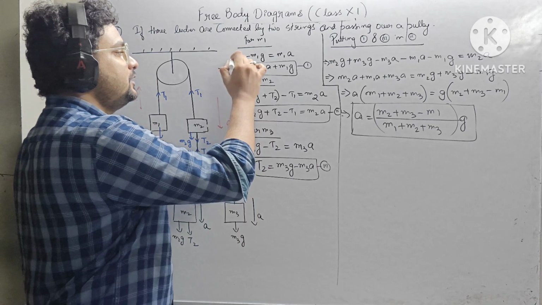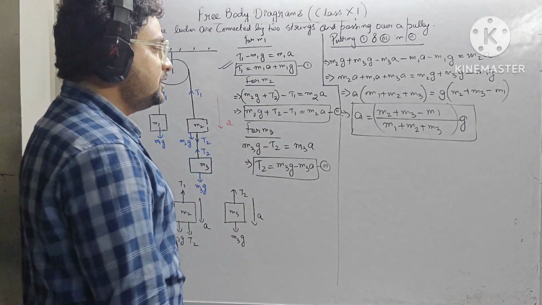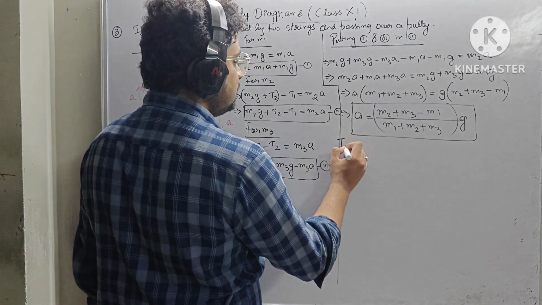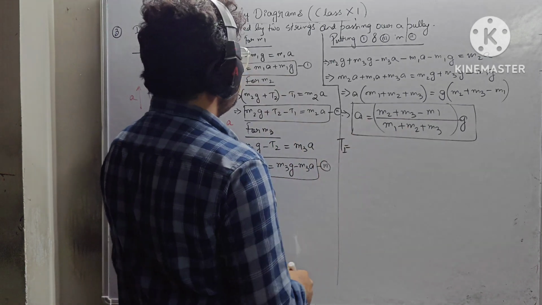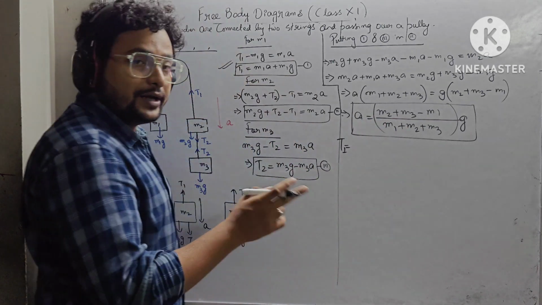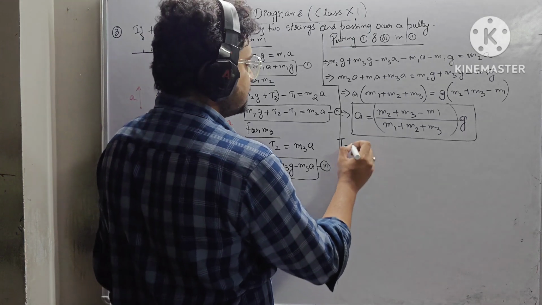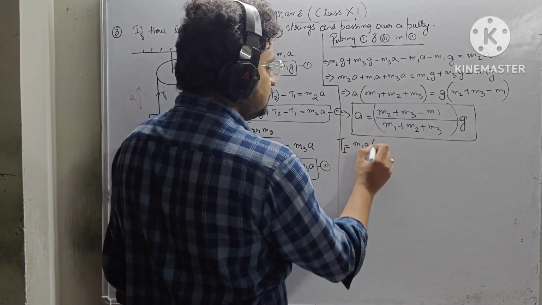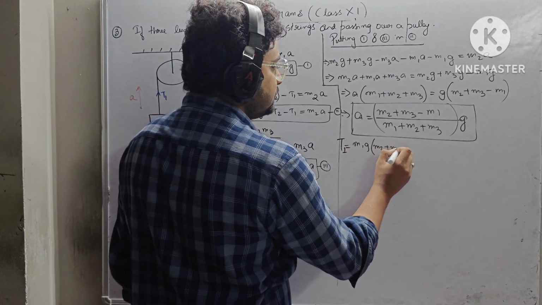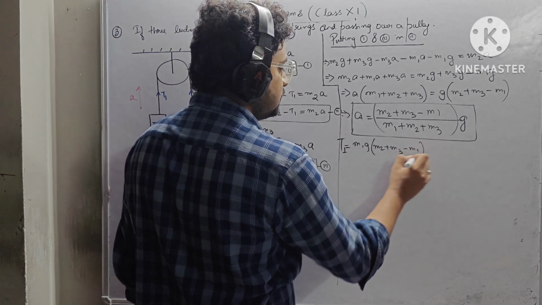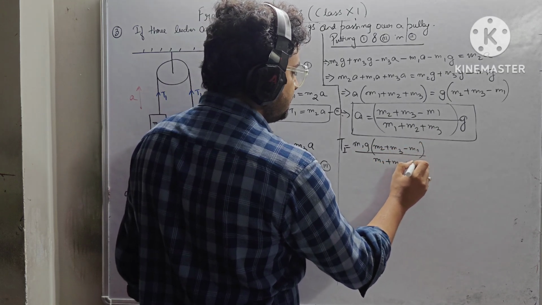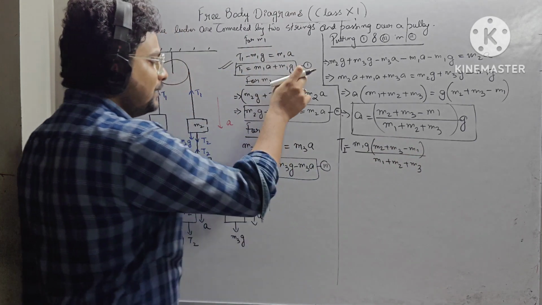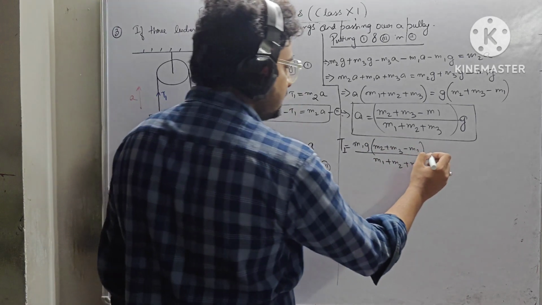Suppose I want to find out T1. So T1 will be equals to M1A. If I do M1A, I will get it this way: M1G into M2 plus M3 minus M1 divided by M1 plus M2 plus M3, plus M1G.